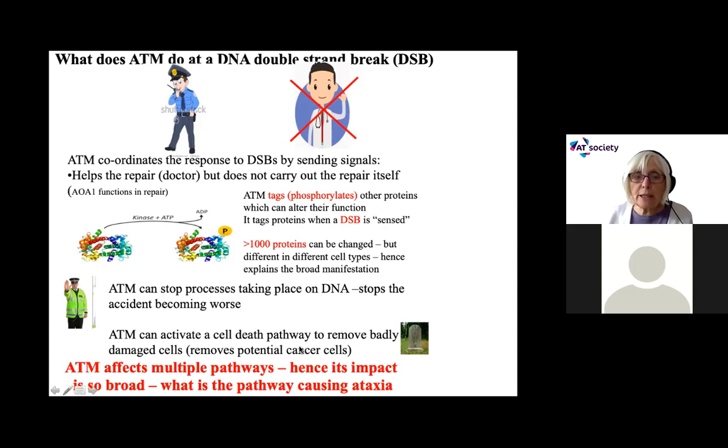So ATM affects multiple pathways. It's activated by a double-strand break to tag other proteins and change their function in subtle ways. We talked, however, about what it's doing in terms of ataxia. So these known roles of a double-strand break can explain quite a lot of the features of AT individuals, such as the immune deficiency, the cancer predisposition, the radiation sensitivity.